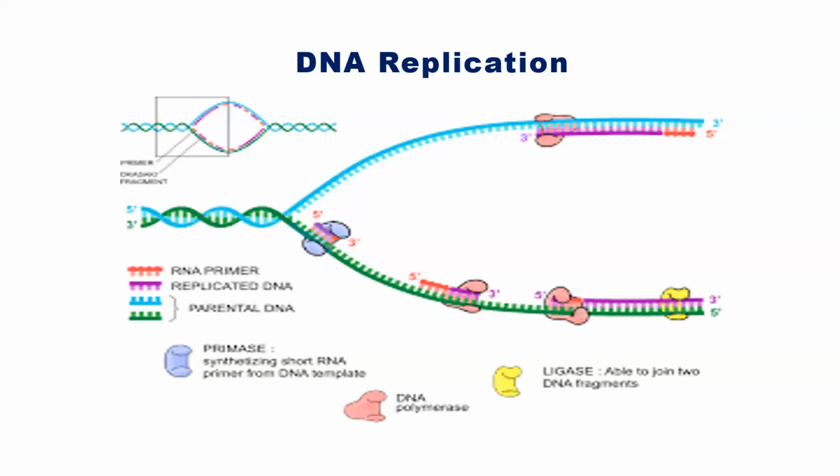Number 1, copying is accurate. As the carrier of genetic information from generation to generation, the integrity of DNA must be preserved at any cost. This needs accurate replication. Any error in replication not only compromises the function of the gene, but is also heritable.